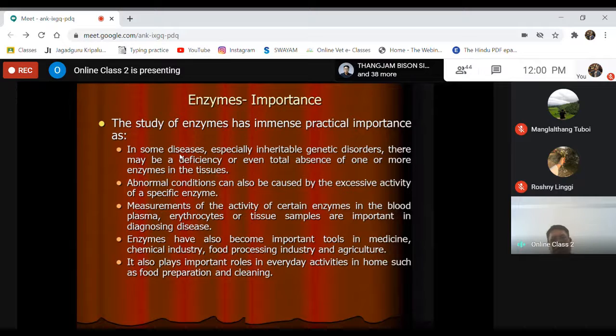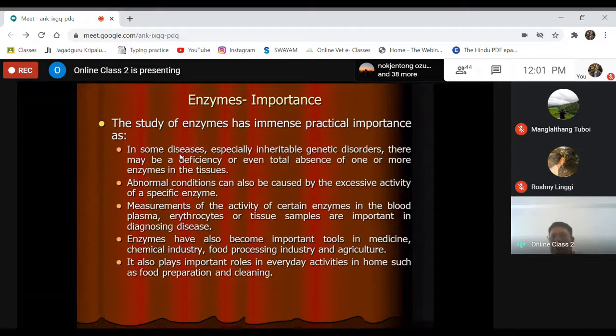Then in case of a heart attack, myocardial infarction, three enzymes are elevated in the blood. One is SGOT, serum glutamate oxaloacetate transaminase, then lactate dehydrogenase, then creatine phosphokinase. So these three enzymes are increased in level in the blood in case of a heart attack.